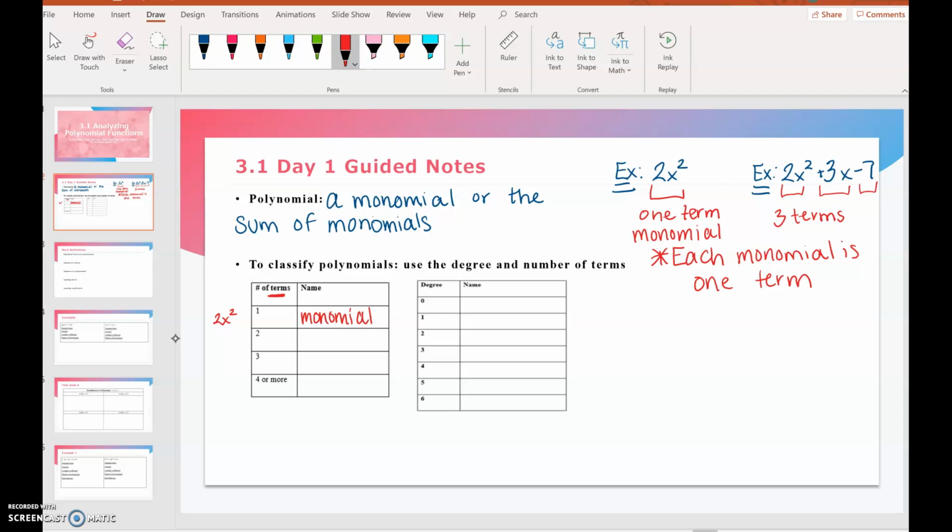Two terms would be if we added something to it. So 2x squared plus 3x. There's 2 terms, and we call this a binomial. And then 3 terms would be this right here. So 2x squared plus 3x minus 7. That's 3 terms, and that would be a trinomial.